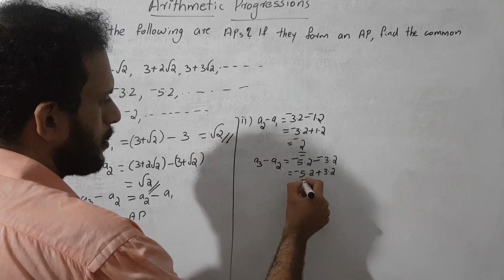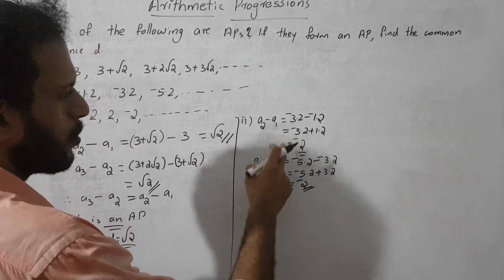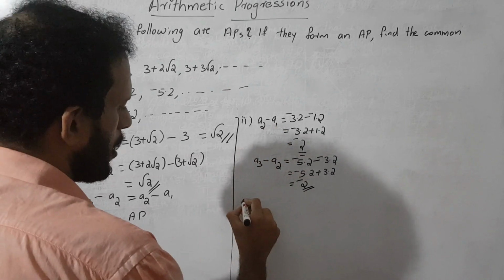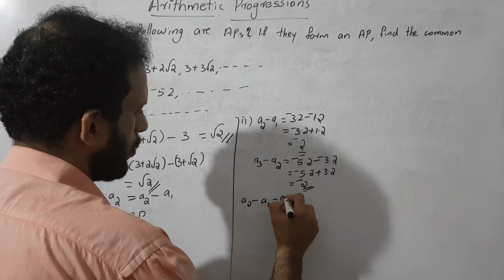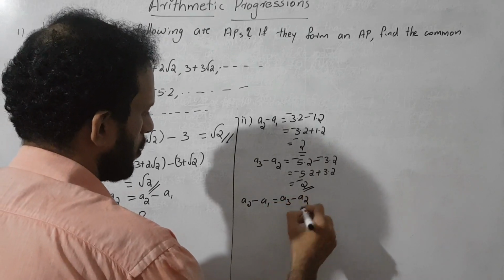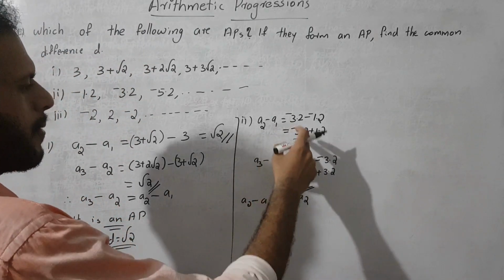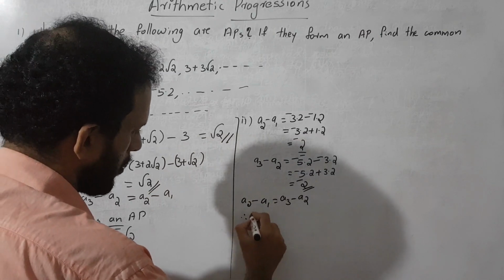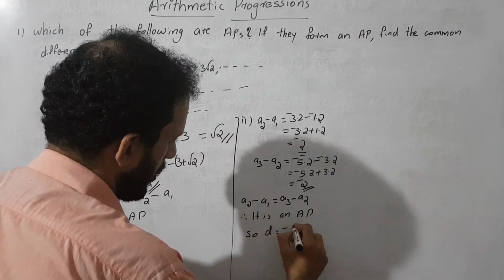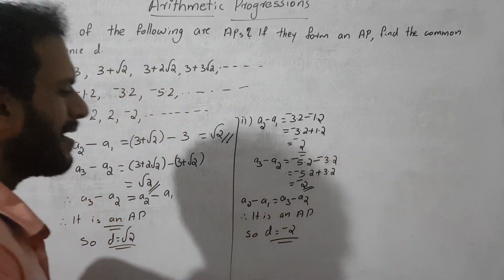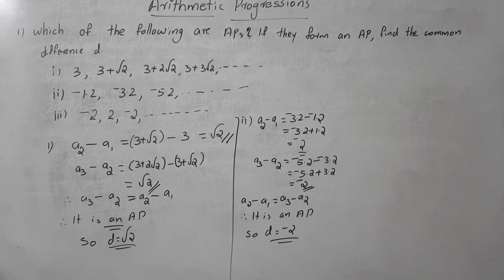What is the sign of 2? It is minus. So here also A3 minus A2 is equal to A2 minus A1. What do we conclude? We have a common difference here, correct? Therefore it is an AP. The value of D is equal to minus 2.